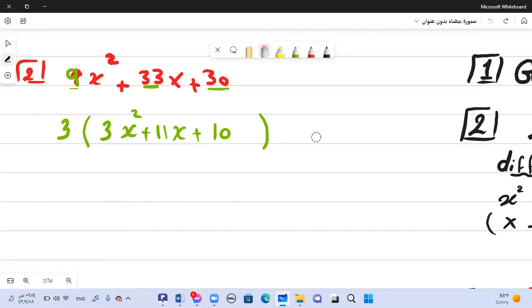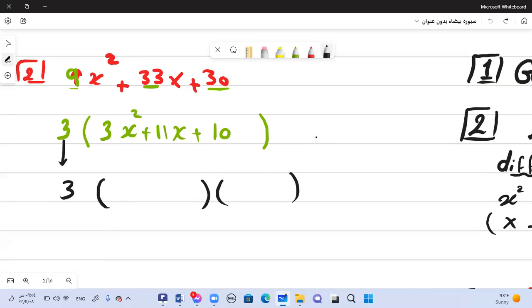Repeat the steps again. Is there a common factor here? Common factor of 3, 11, 10? No. Is this a special case? No. So how can you solve? Two brackets. But don't forget to write the 3 here. 3 is this one.